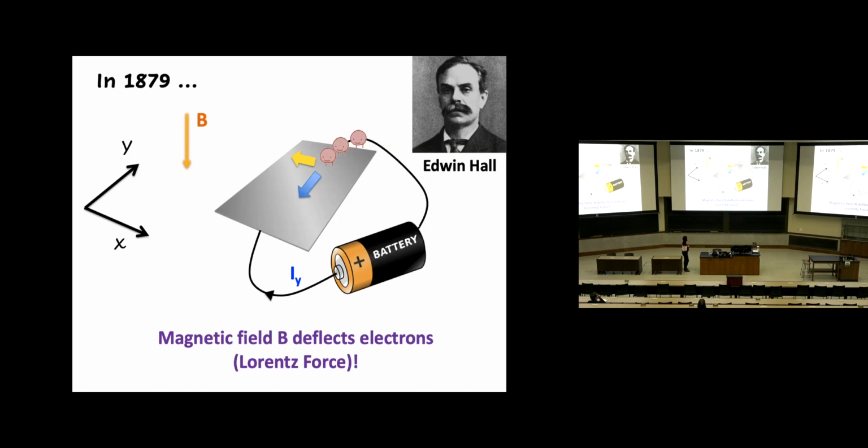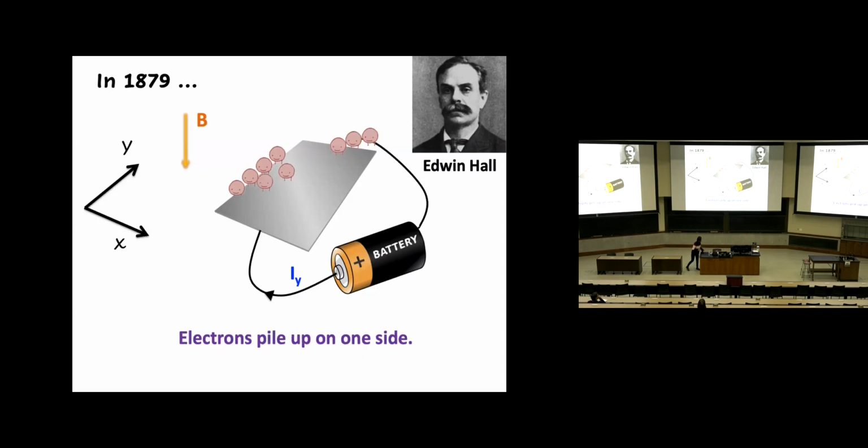Okay, it's deflecting electrons to this x direction. And this is called a Lorentz force, okay? And so what happens is the following. Okay, so after a while, fine, you get a pile of electrons on one side, but not the other. Okay, so this is the so-called Hall effect. And this is the famous discovery by Edwin Hall. So this is the first discovery.